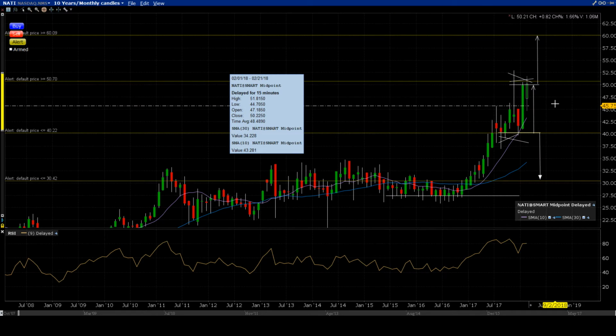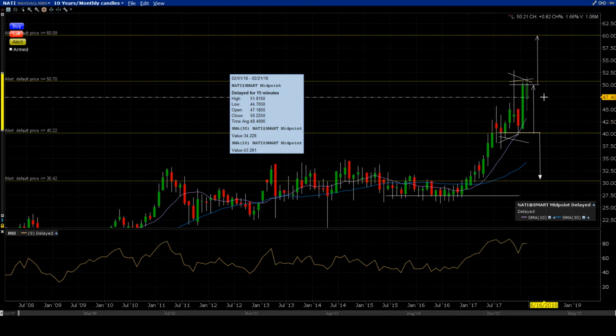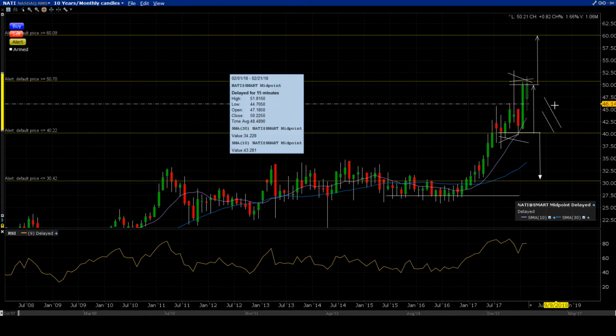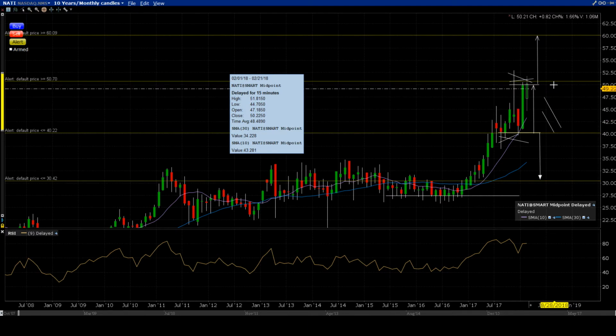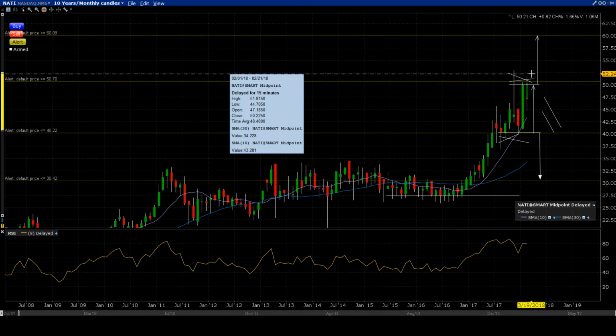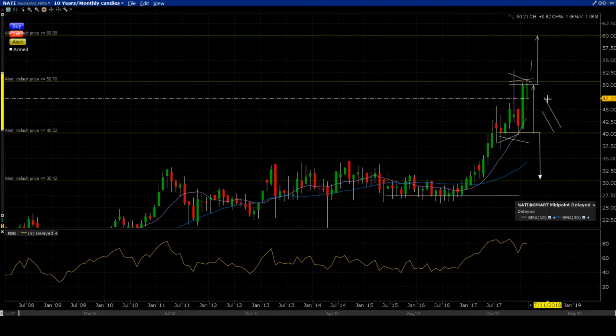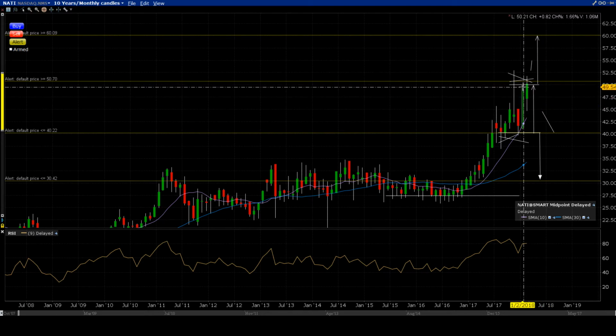Who knows what's going to happen? I like to try to imagine what could be. Are we going to have a top and then price action is going to go down? And if the price action does go up, well, it's not a play for me because I would have liked to have more tests of this.